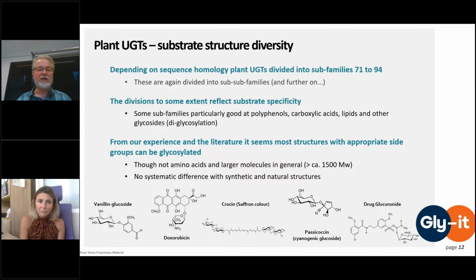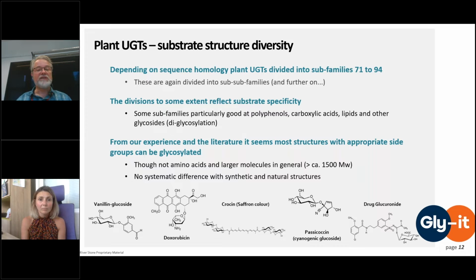If they were glycosylated to any large extent, it would mess with the protein synthesis machinery. And also UDTs in general do not work with very large small molecules. So we've never seen anything more than a molecular weight of about 1500 being glycosylated. But we have seen many molecules around 1000 to 1200 molecular weight being glycosylated.